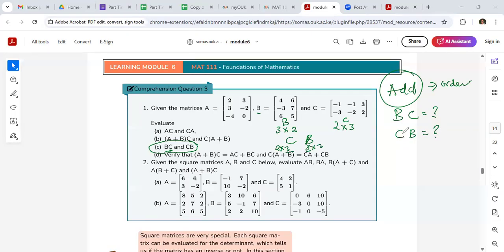Maybe if your name is in the upper alphabets, find BC. If your name is in the lower alphabets, let me look at participants.